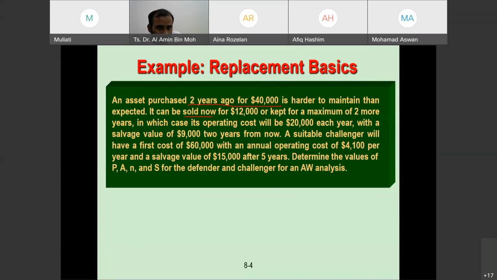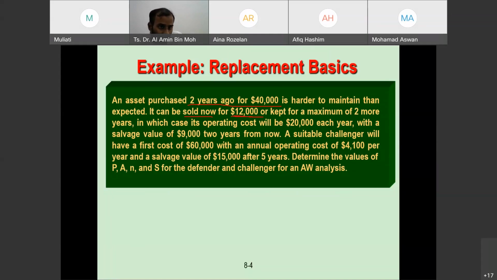What is this 12,000 based on the terminology before? The existing asset, if you want to sell, then this is the price. So what do we call this 12,000? Salvage value or market value, right? Market value of the Defender.